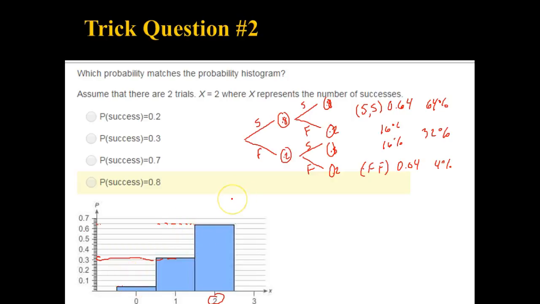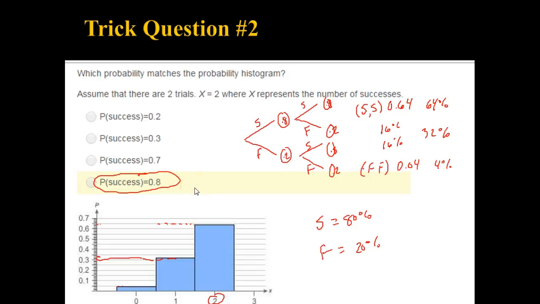And the only way you would get those probabilities is if the probability of success is 80%, 0.8, and the probability of failure is 20%, or 0.2. Okay, so the question says, what is the probability of success? And the answer is, probability of success is 80% or 0.8.